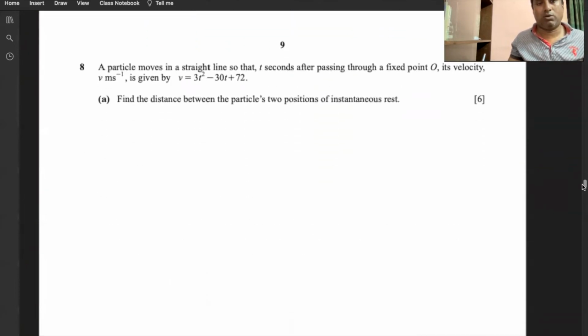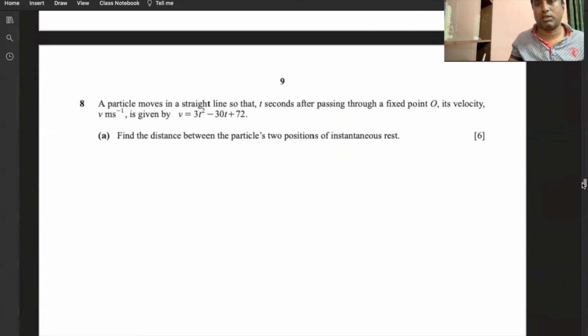Okay, now see question number 8. A particle moves in a straight line so that t seconds after passing through a fixed point O, its velocity v is given by v equals 3t square minus 30t plus 72. We are going to find the distance between the particle's two positions of instantaneous rest.